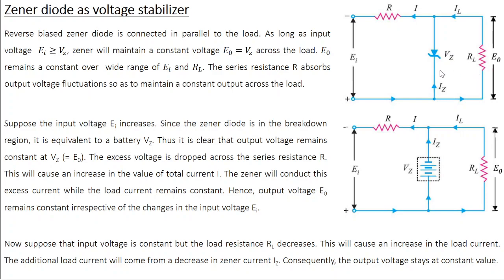If you look at this circuit, the Zener diode and the load resistor are in parallel.